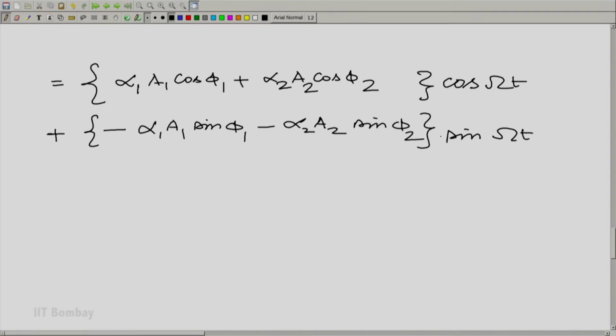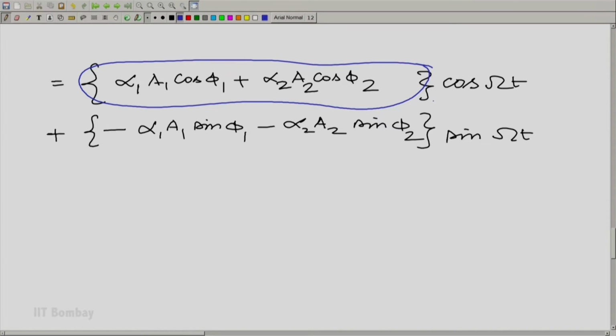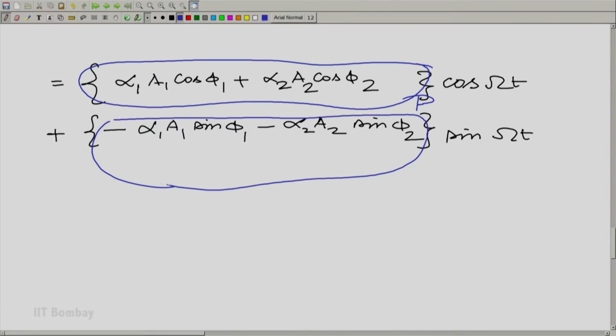Now, we can give names to each of these terms and let us do that. So, let us call this whole thing p and let us call this whole thing q.